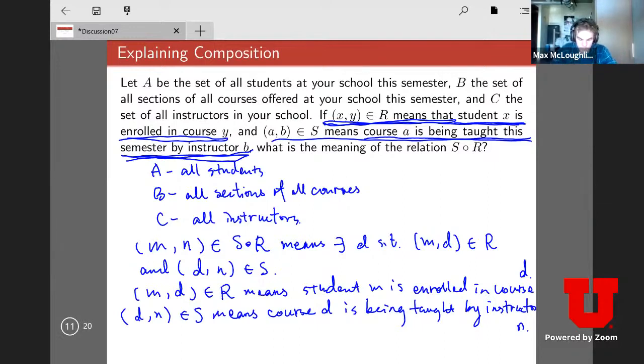Actually, we don't need to mention the transitional element in the final. So yes, you're right. Student M is enrolled in a course taught by instructor N. Any questions?